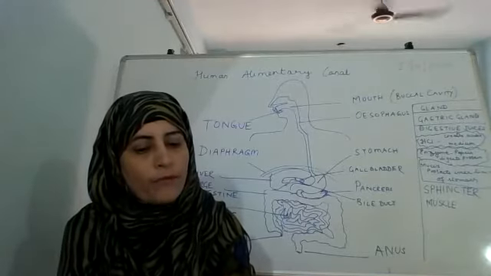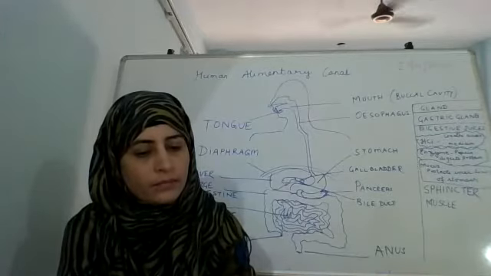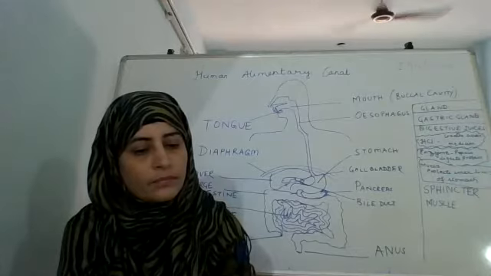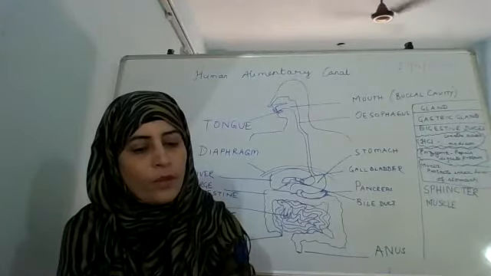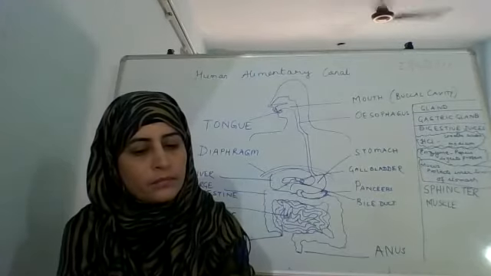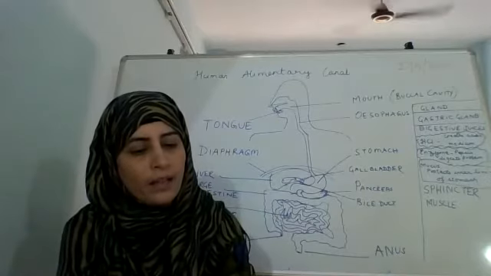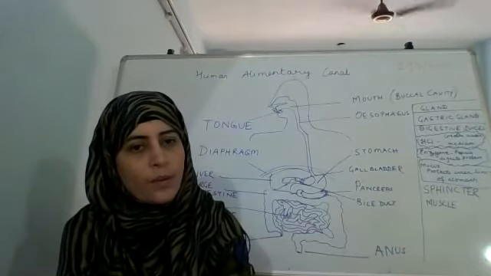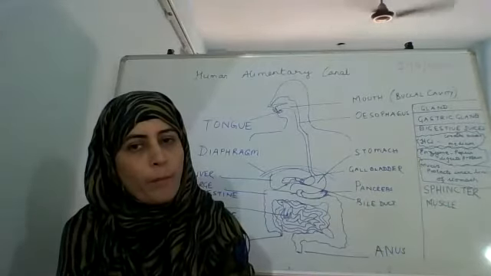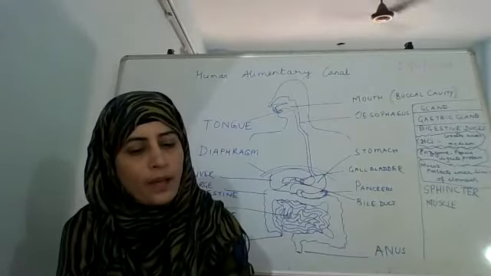The food coming from the stomach is acidic and has to be made alkaline for the pancreatic enzymes to act.